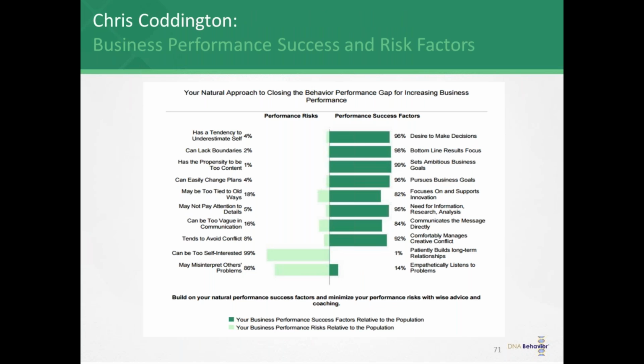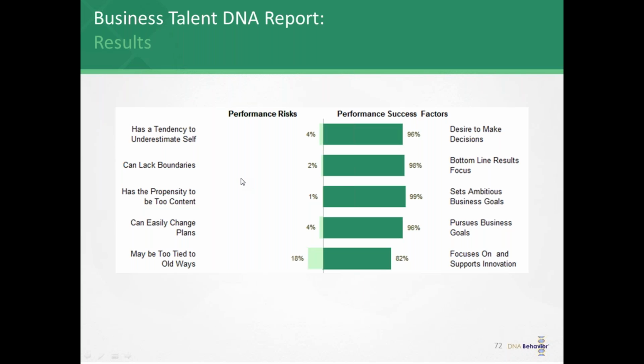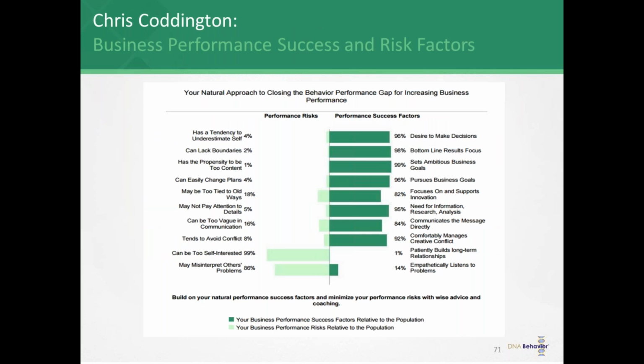We've also developed a business DNA talent report that uses a lot of the information that I've already shown you and presents it both on the right-hand side and the left-hand side in terms of the performance success factors and performance risks that a person has.